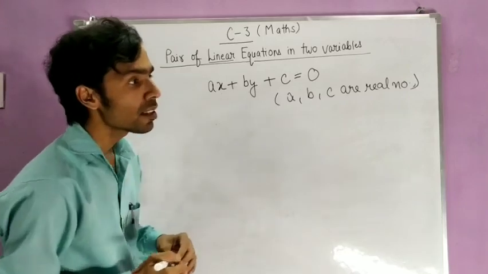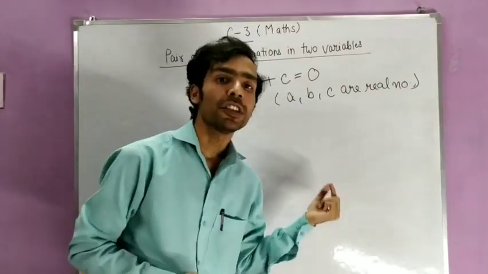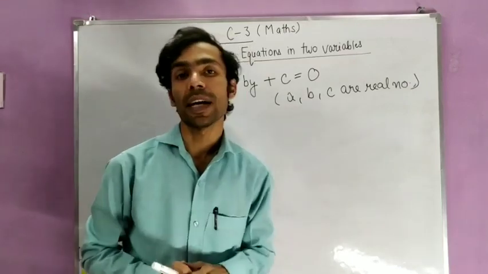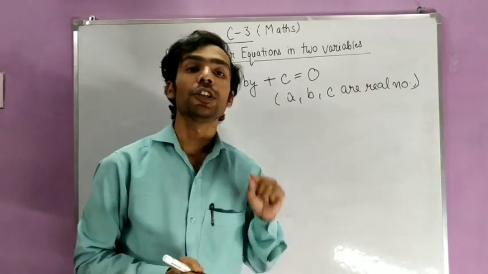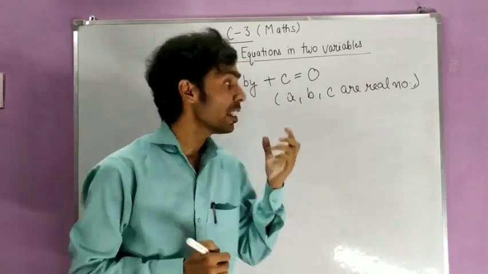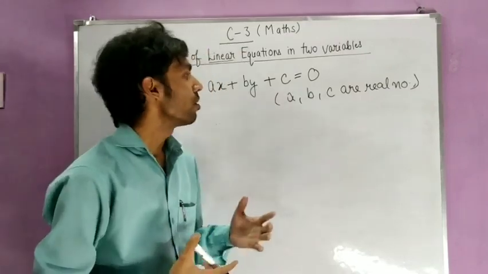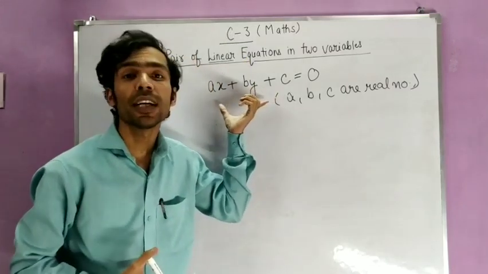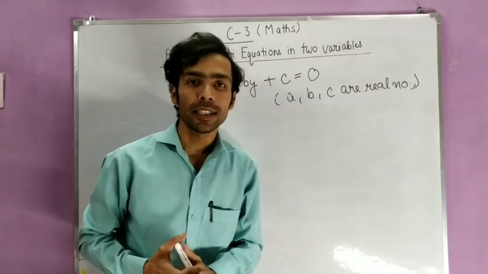So linear means whatever variable we are using in the equation, its power should be 1, maximum power should be 1. The power of the variable should be 1 only, and that equation is known as linear equation in 2 or any variables. Because it is written in 2 variables, that's why it is known as linear equation in 2 variables. Understand?